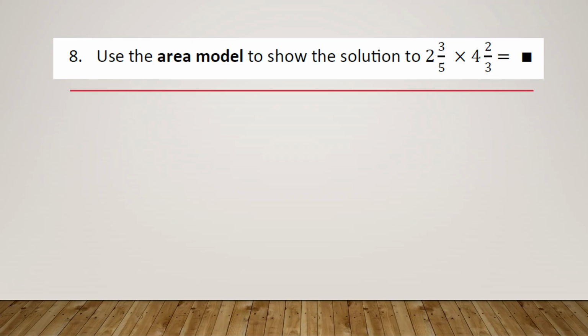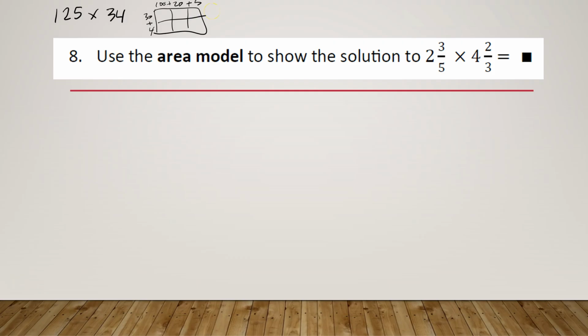Do you remember the area model when you would multiply 125 times 34? We break them down in terms of place value: 200 plus 20 plus 5 multiplied by 30 plus 4. The same concept applies here.